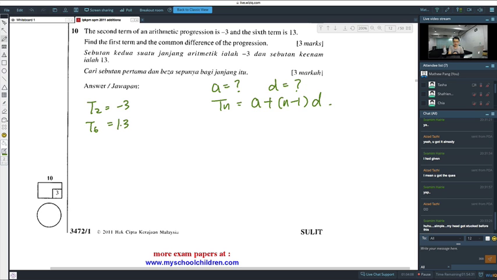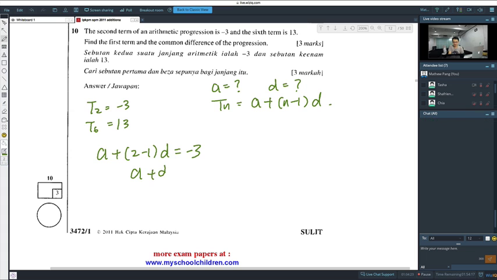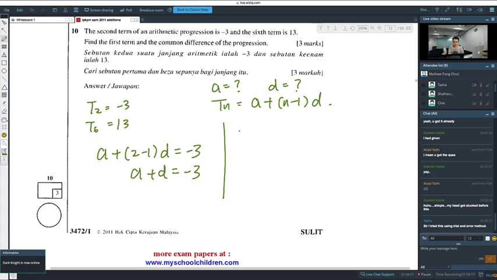Okay, so let's say T2. T2 is just A plus (2 minus 1)D equals negative 3. So A plus D equals negative 3. And then I will do T6: A plus (6 minus 1) is 5D equals 13. Okay, so first equation, second equation.